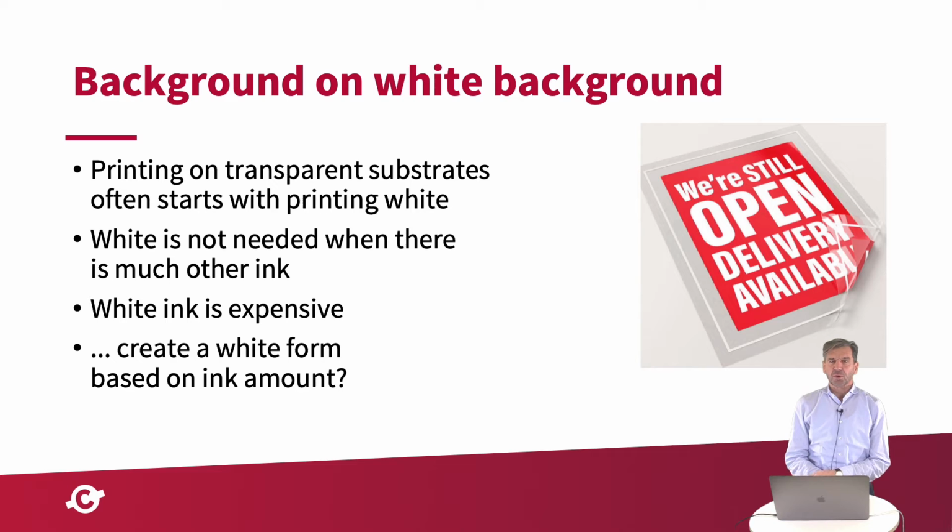And if you do so, you often need to preprint white on that foil, because as in this example here, some areas of the subject of the PDF page are supposed to be white while others are transparent, and then you want to display white here.